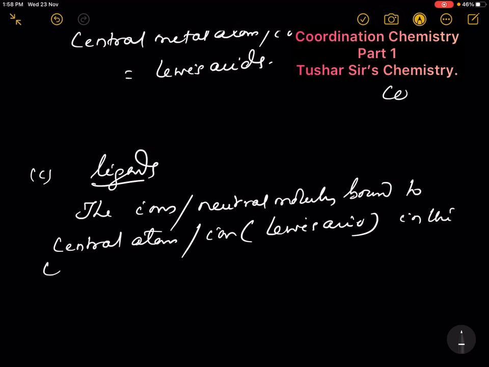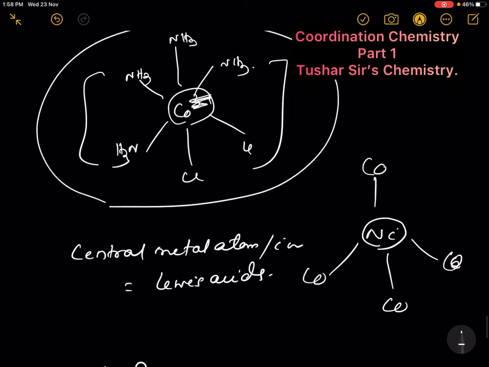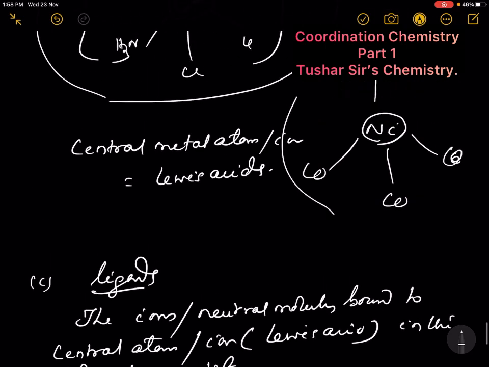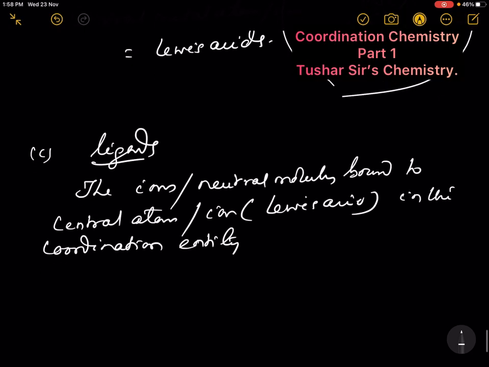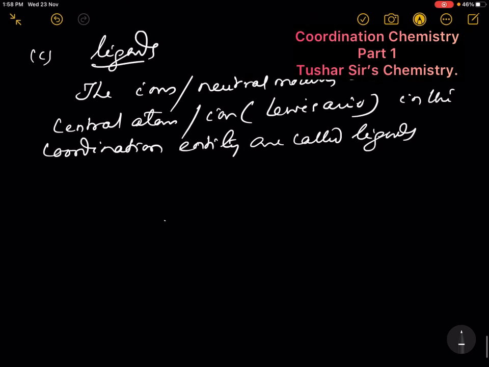This is a coordination entity. So in Ni(CO)4, these CO molecules are ligands.